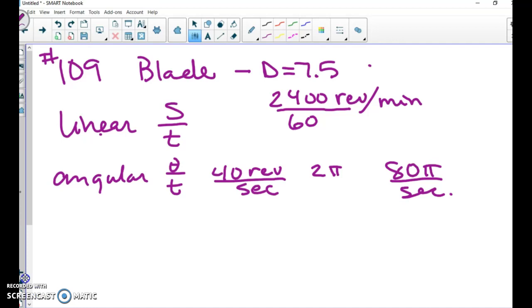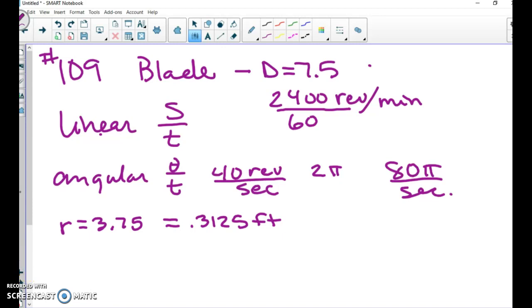Part B says we want to find our linear speed. Now that's the arc length divided by time. The diameter of the blade is 7.5. If we cut that in half, we get a radius equaling 3.75. And 3.75 divided by 12 gives us 0.3125 feet. Now our speed is equal to the arc length divided by time.